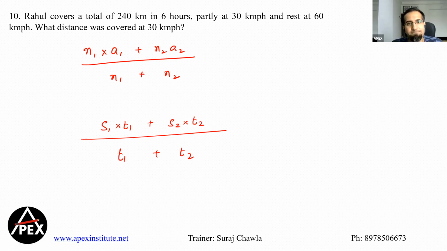Clear, Ravali? Now can you match both the formulas? That's why I told you if you alligate the speeds, you get the ratio of time taken.